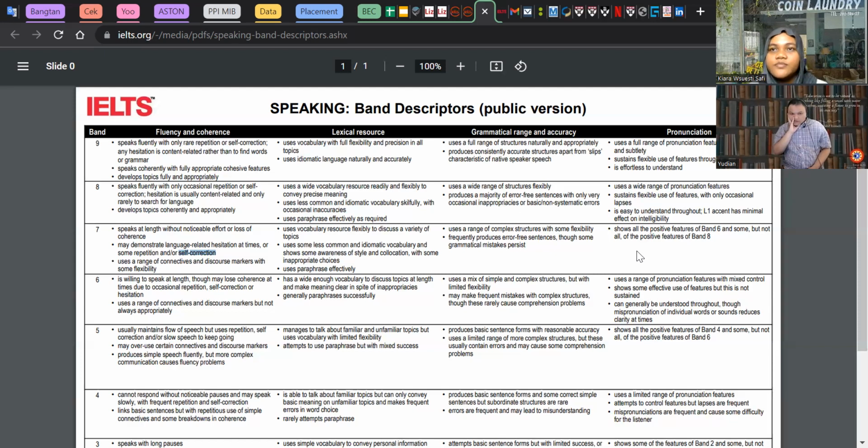This means that you need to practice more on your pronunciation since it will affect how people can understand what you're actually saying.